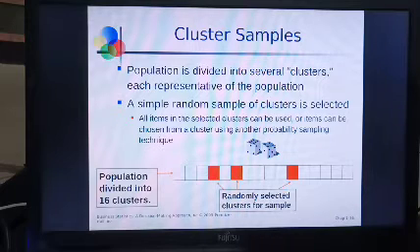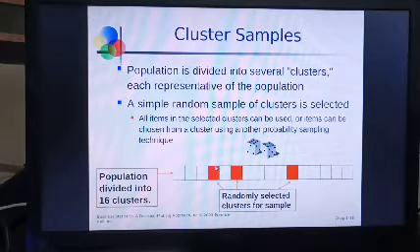But what's the difference, class, between a cluster and a subgroup that is used in both stratified and systematic sampling? Here in clusters, a cluster is actually still a subgroup, but a cluster has to be taken as all or nothing.